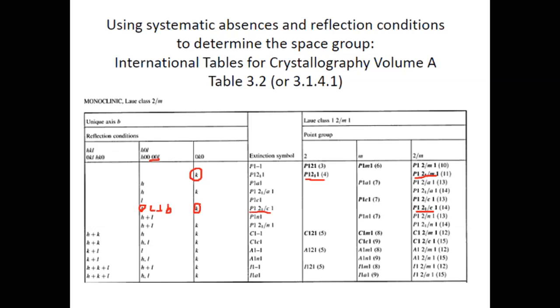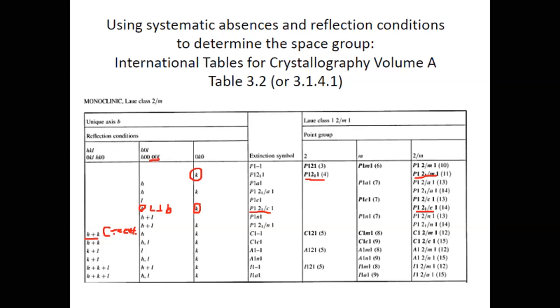And we'll just look at one more. Here we have a C. So for the HKL, if H plus K is odd and absent, that tells us we have C-centering.